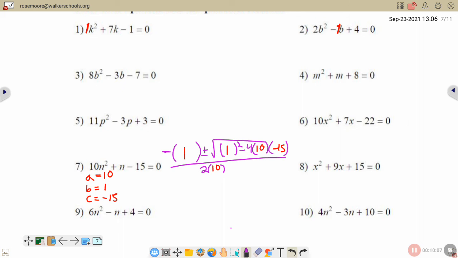All right, when I do all this math, opposite of 1 is negative 1 plus or minus the square root. If I have 1 squared, that is still 1, because 1 times 1 is 1. Negative 4 times 10 times negative 15 is positive 600, and we're going to be over 20. So our last step is to recognize that it's negative 1 plus or minus the square root of 601 over 20, and you are done.